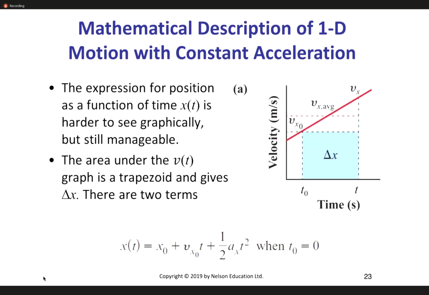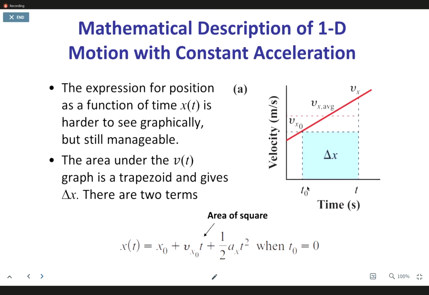Now, let's say that we have a velocity versus time plot. The integral of the velocity versus time plot is going to be your position. Well, what we see is that the area under this curve can be broken up into a square and a triangle.